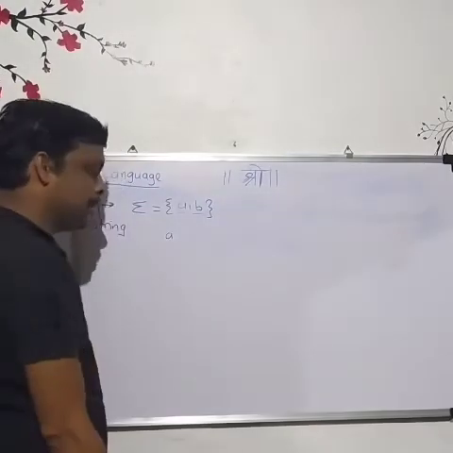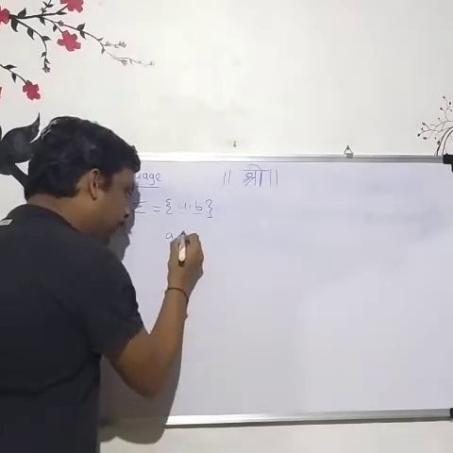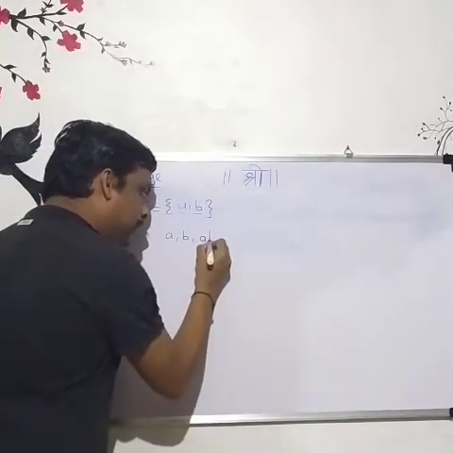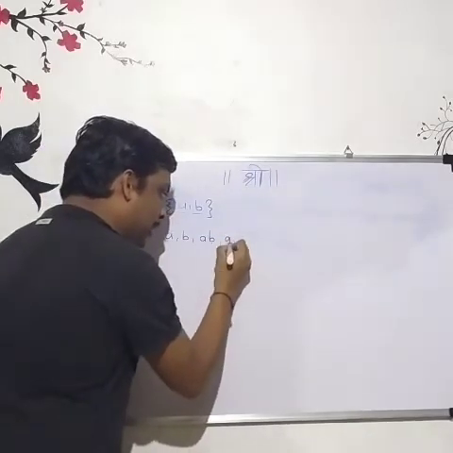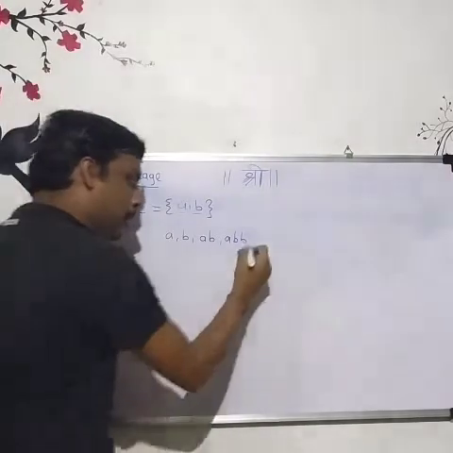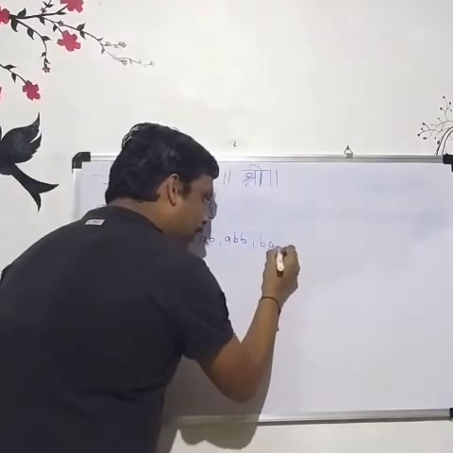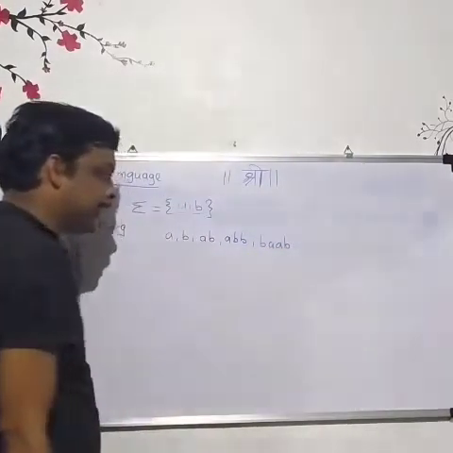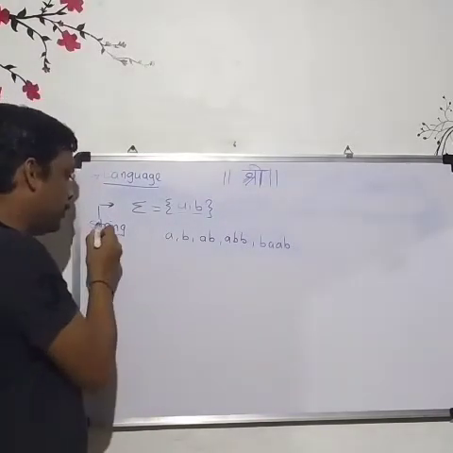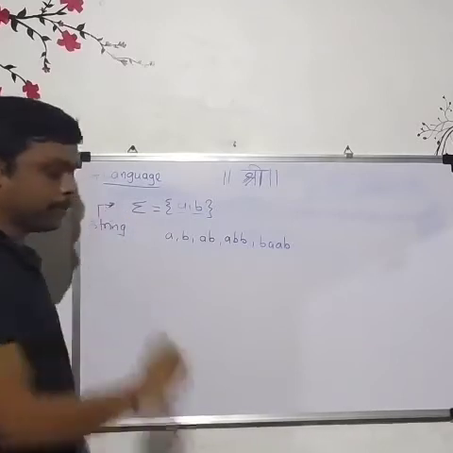A can be treated as one string, B can be treated as another string, or AB can be treated as one more string, or ABB, or BAB can be treated as another string. So we can define an infinite number of strings on alphabet sigma.